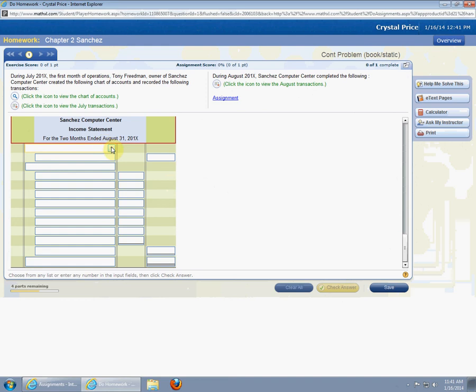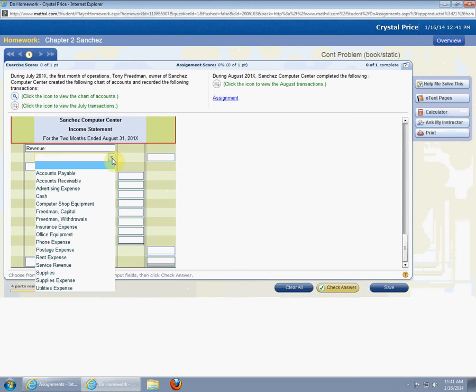So let's go ahead and record our revenue account. The amount is, here we go. And under that, we want our category, revenue. Under that, we want to put our account title, service revenue.